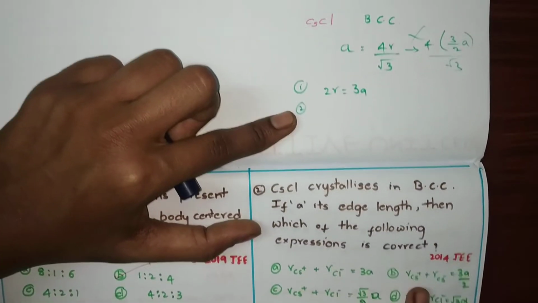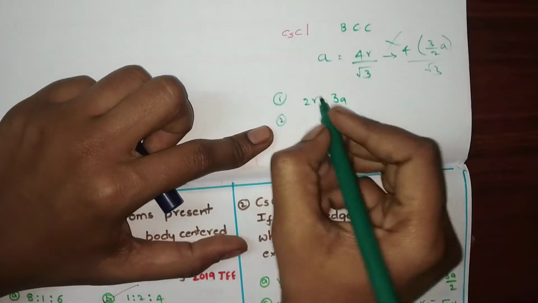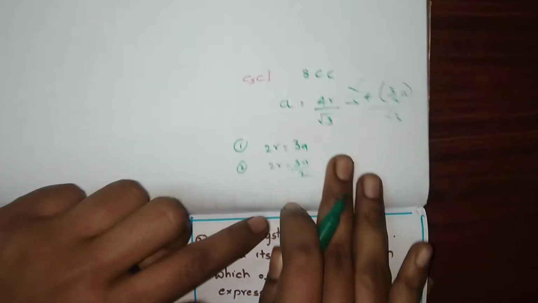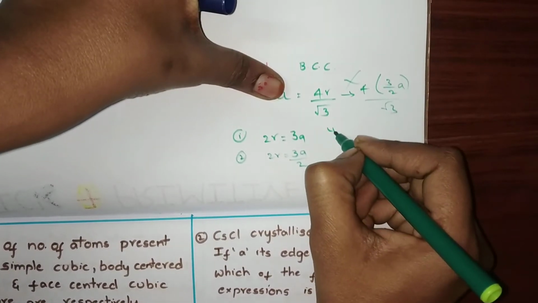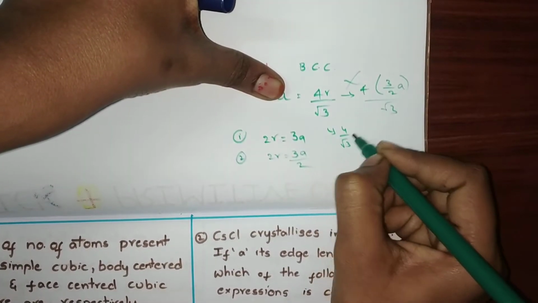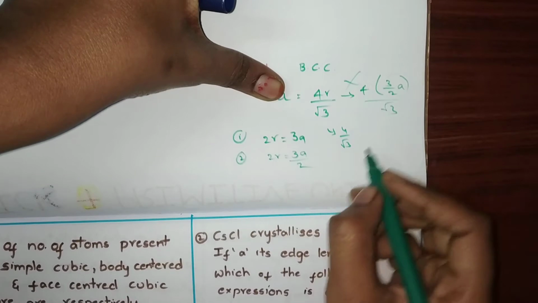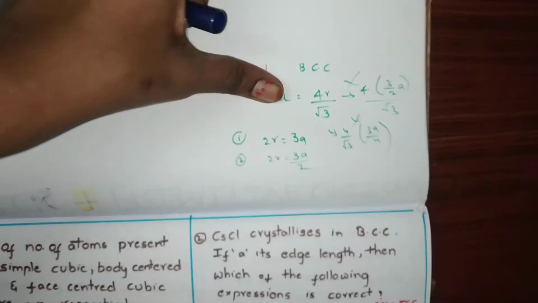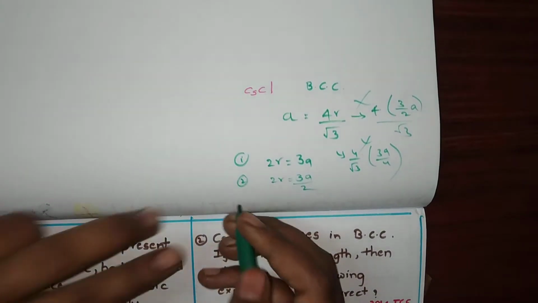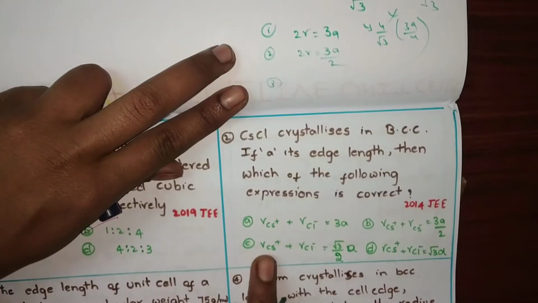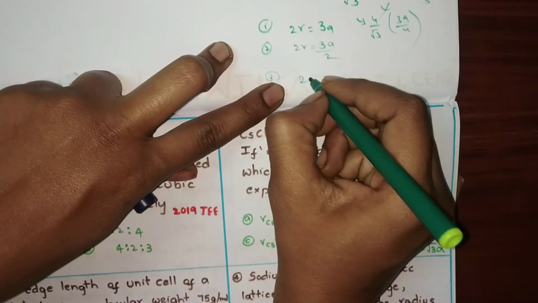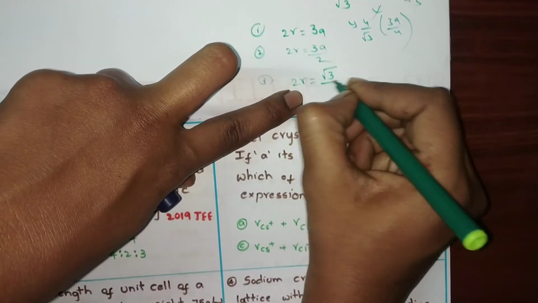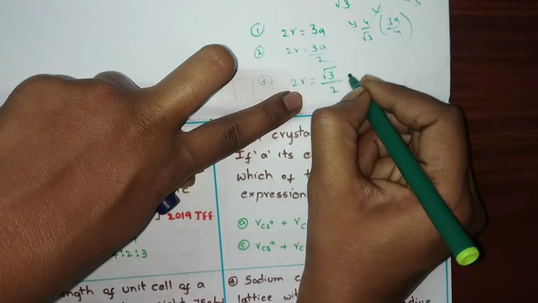Second one, see. 2r is 3a by 2. Here 4 by root 3 into r value will be 3a by 4. Possible? Not possible. And next, 2r is root 3 by 2 a.